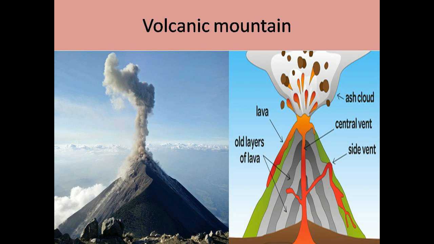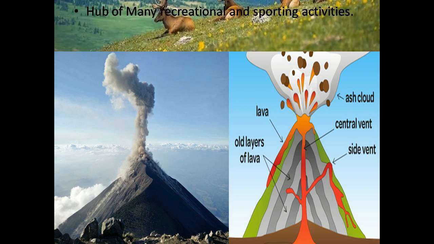The funnel shaped depression at the end of the vent is called a crater. Examples of volcanic mountains include Mount St. Helens in North America, Mount Pinatubo in Philippines, Mauna Kea and Mauna Loa in Hawaii.